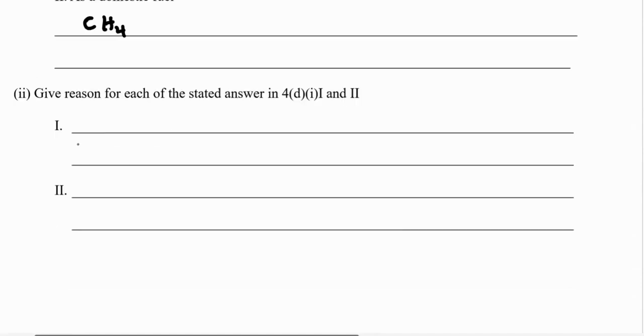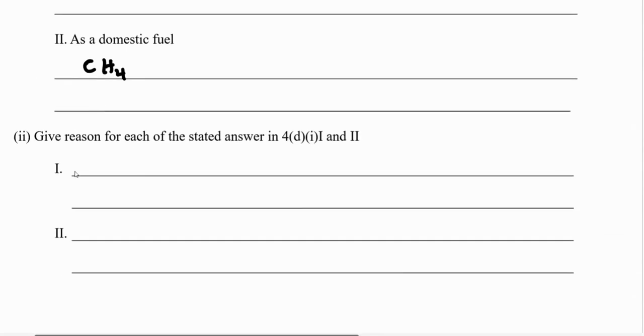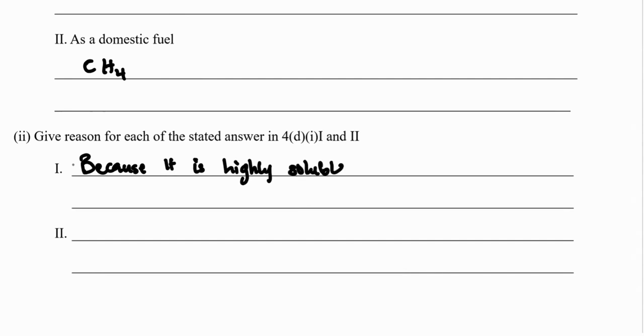Now, the next question says, give reasons for each of the stated answers above. So, the reason why HCl is used in the fountain experiment, that is what we'll be writing here. Because it is highly soluble in water.